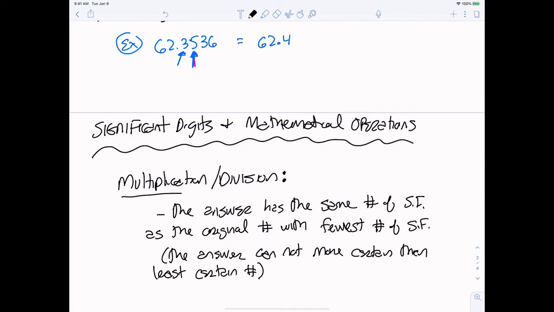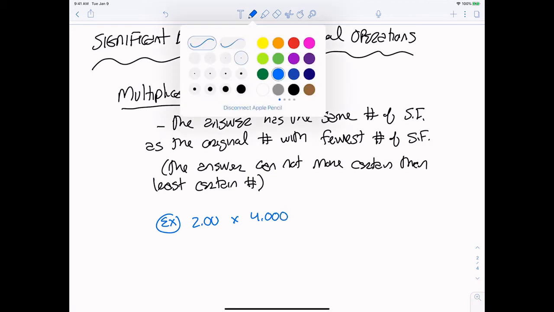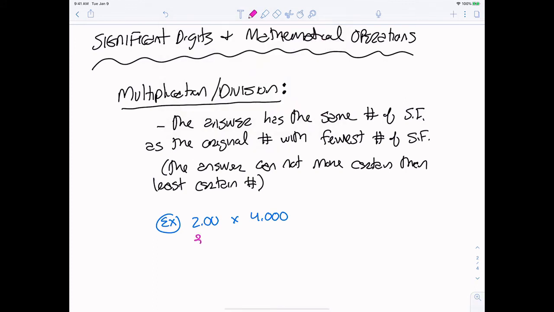So multiplication and division, let's do an example. If I take 2.00 and multiply it by 4.000, this one has 3 significant digits in it.